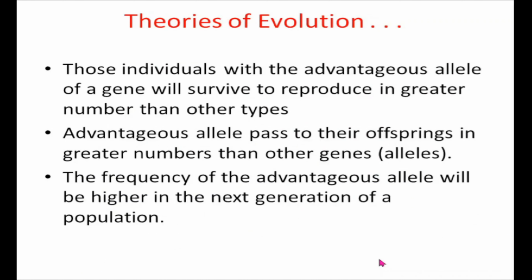Individuals with the advantageous allele of a gene will survive and reproduce in greater numbers than other types. The advantageous allele passes to their offspring in greater numbers than other alleles. The frequency of the advantageous allele will be higher in the next generation of the population.